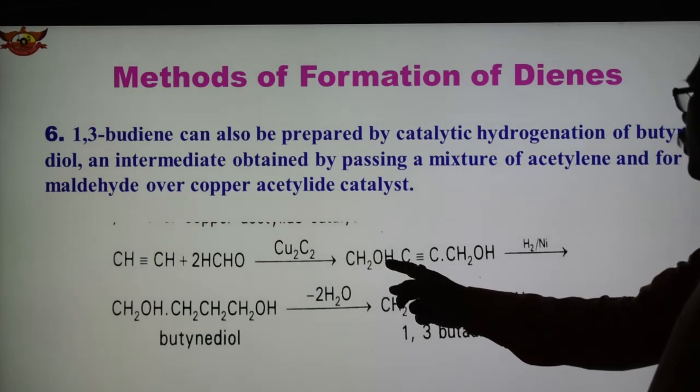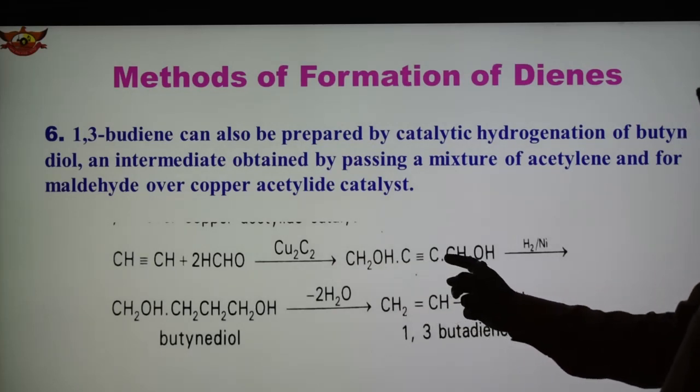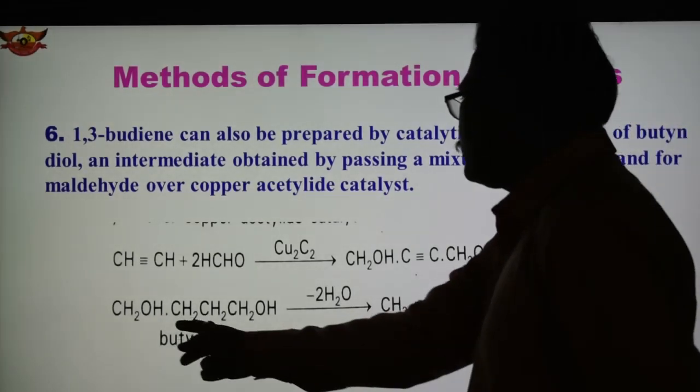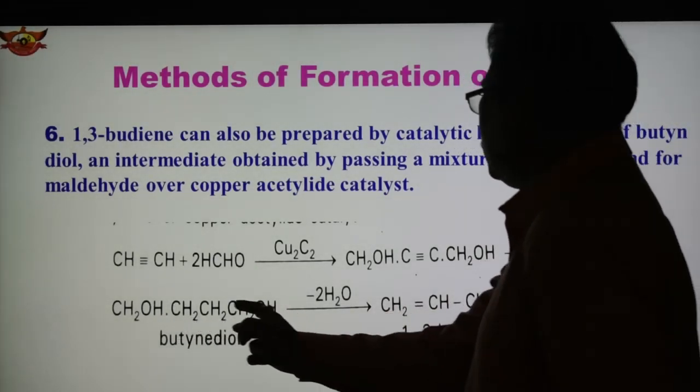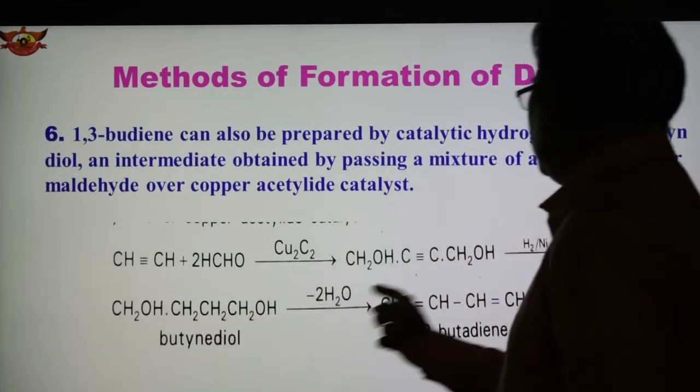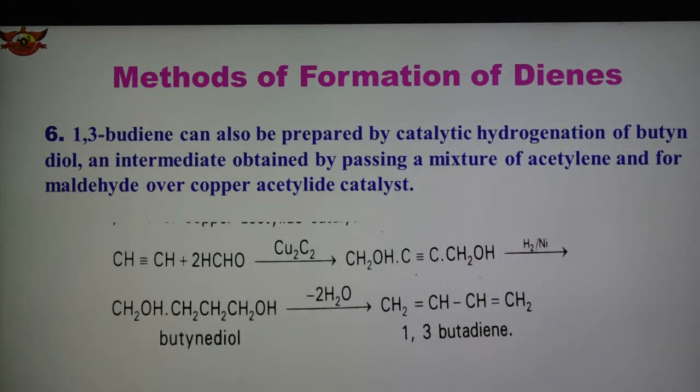So HOCH2-C≡C-CH2OH is formed, and then reaction with hydrogen in the presence of nickel gives this compound, butanediol. So OH is here, OH is here: CH2OH, CH2, CH2 and CH2OH. The triple bond breaks and we obtain butanediol.